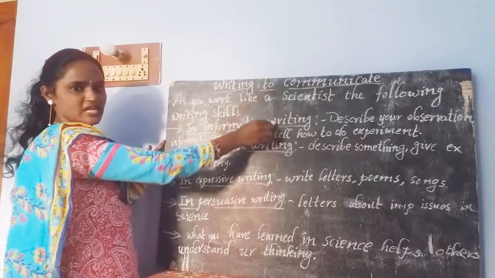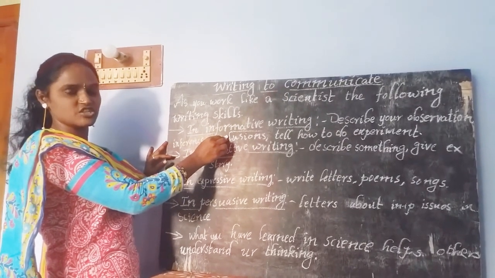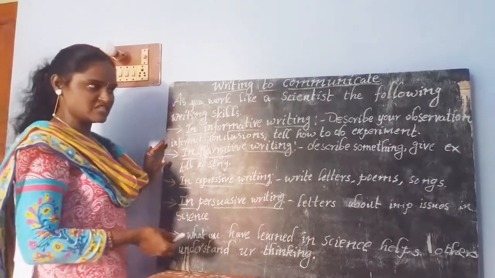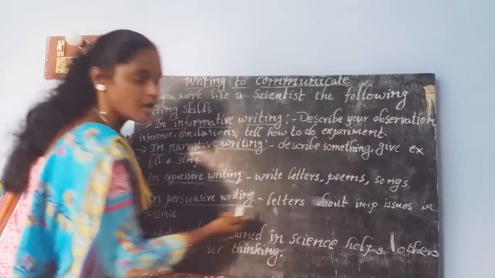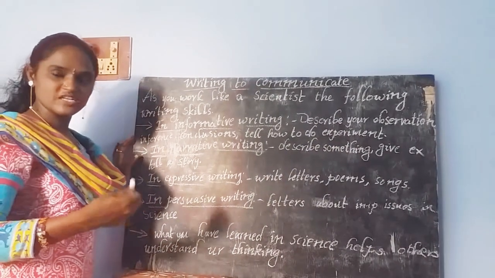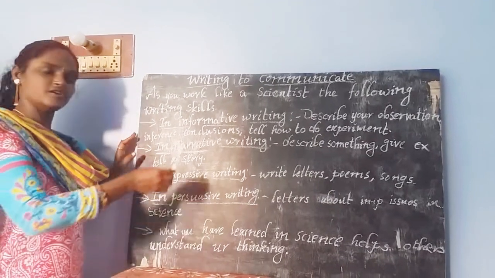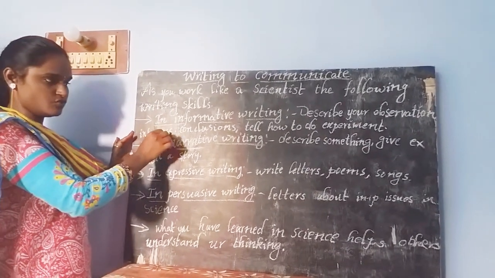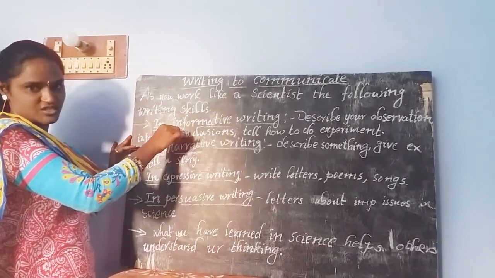In this informative writing, the name itself indicates that we are going to give information about our investigation. See here, describe your observation. We are observing something, and we have to describe that. Later, we have to give inference, and we also have to give conclusion.